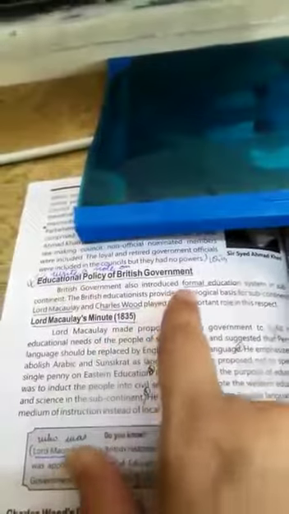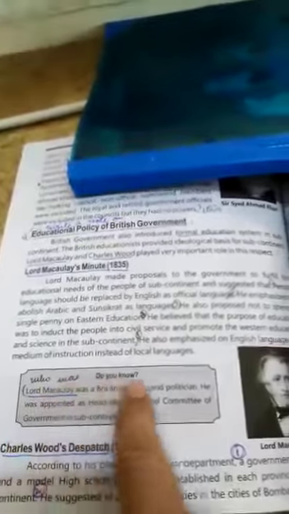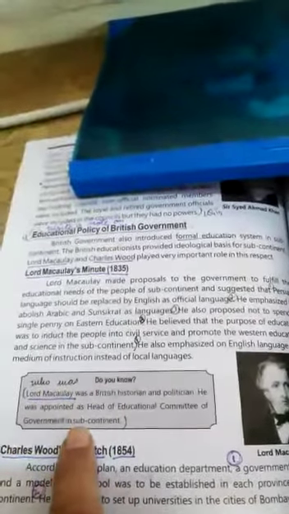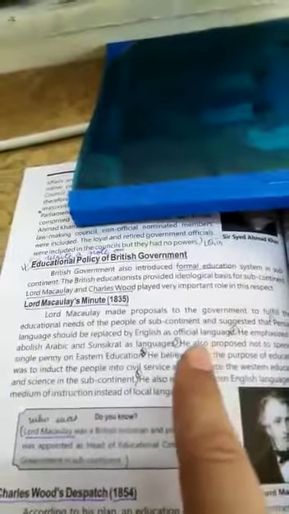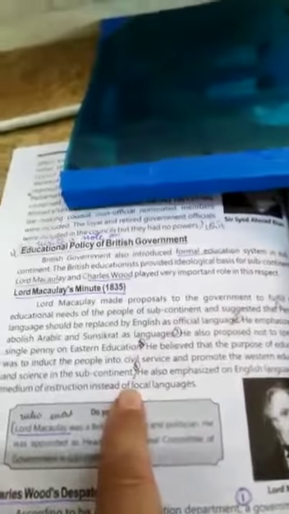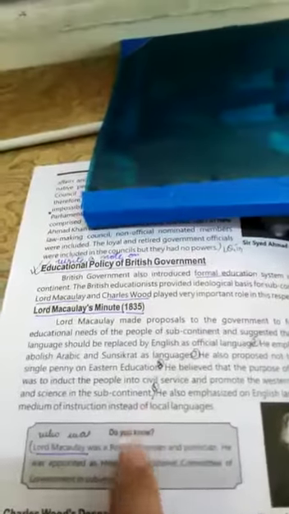So you must be clear about the demand of the question. If you are asked to write the complete educational policy, then you will write Lord Macaulay and Charles Wood. But if you are asked who was Lord Macaulay, then you will write this info column. And if you are asked to write Lord Macaulay's minute, then you will write these four points. Clear? Hope everything is clear.